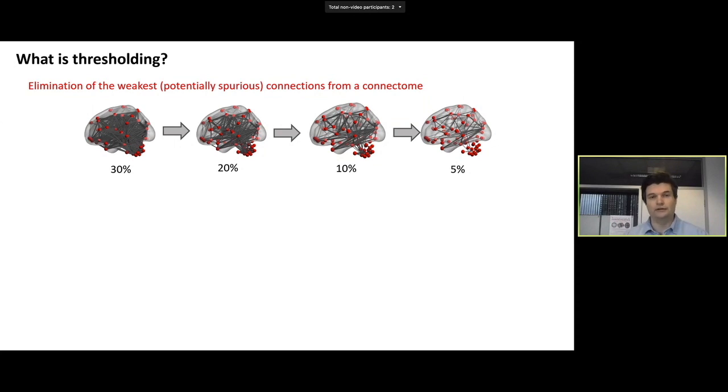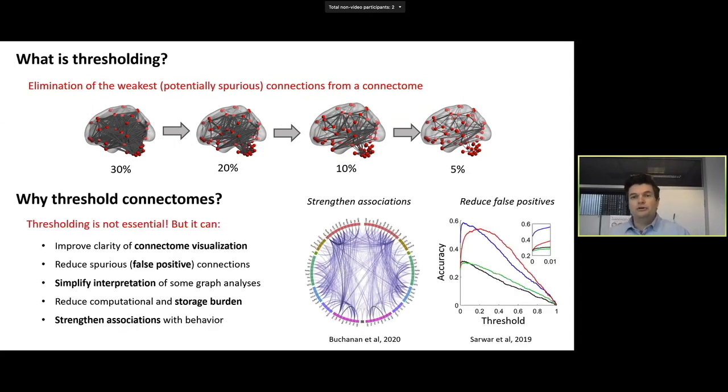desired connection density. It's important to emphasize that thresholding is not essential, but it can help in terms of improving connectome visualization, reducing false positives so that the weakest connections are more likely to be the connections that are spurious. It can simplify the interpretation and computation of some graph analyses, particularly when we're computing null networks.